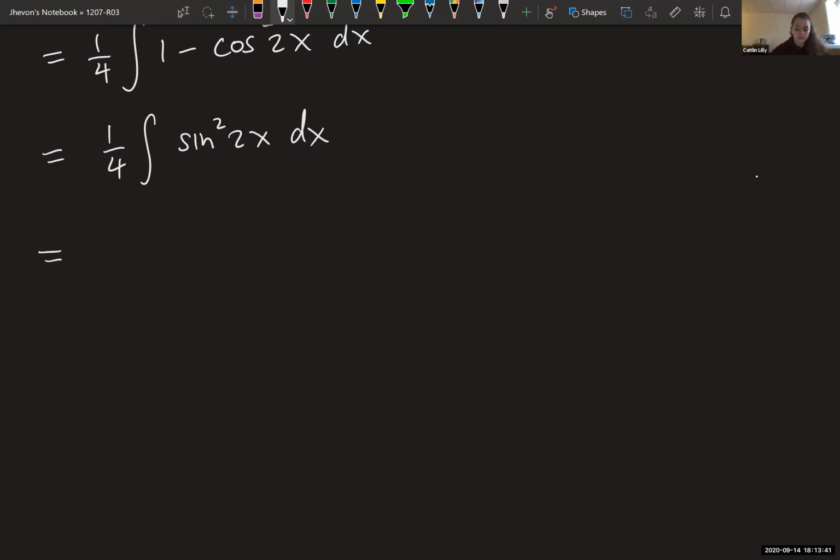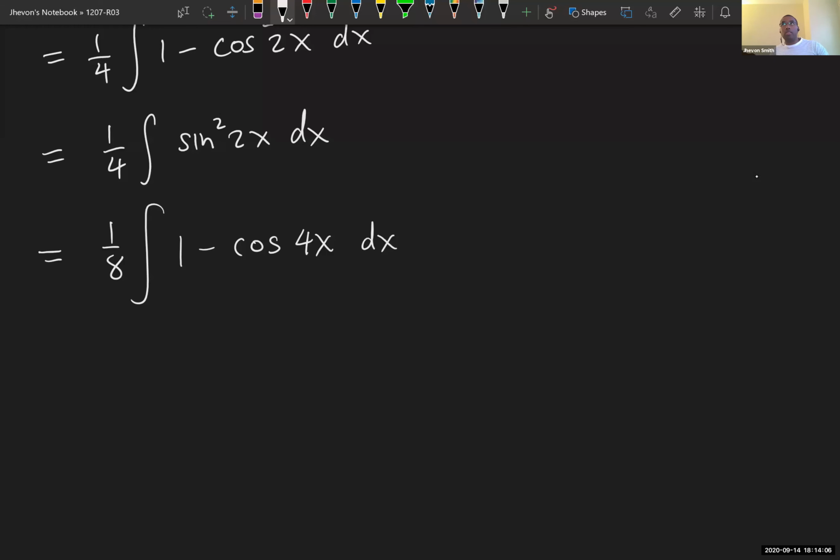1/8 times the integral of 1 minus cosine 2x squared. No, 4x. It's called the double angle formula because you double the angle. So if you apply the double angle formula and the angle is 2x, it doubles to 4x.